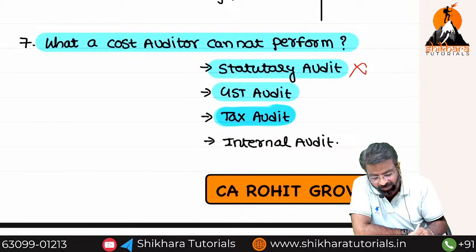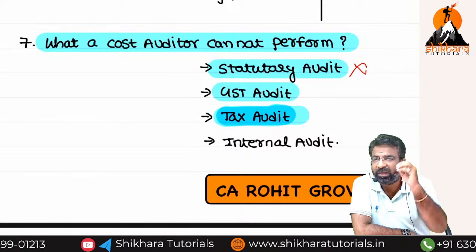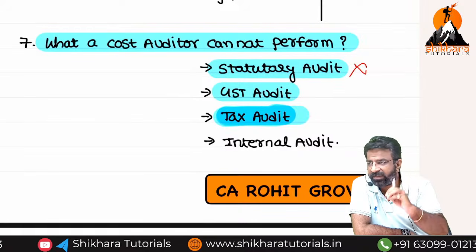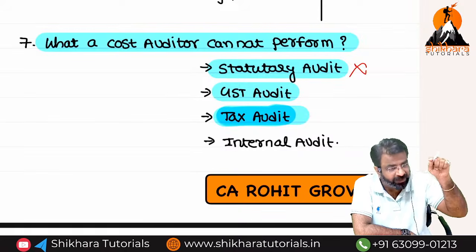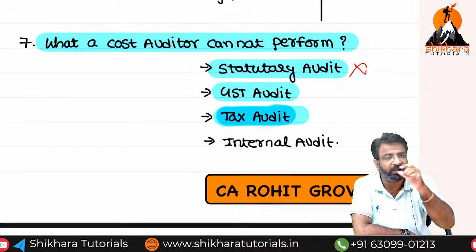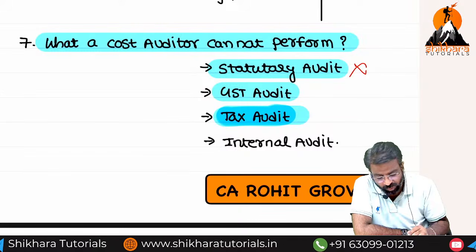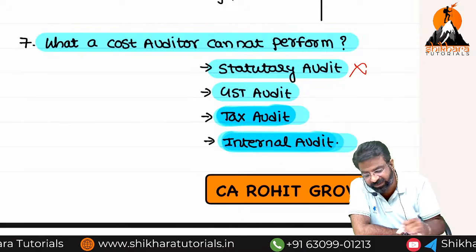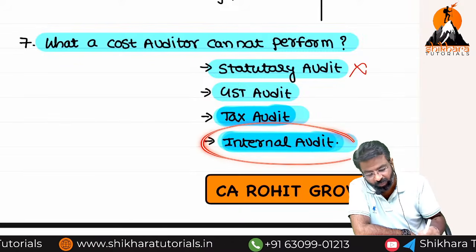You can't be its tax auditor, because under section 44AB of the Income Tax Act 1961, it is mentioned that only a practicing chartered accountant can do the tax audit. Can anybody tell me the reason for the fourth one? Why can't I be its internal auditor?